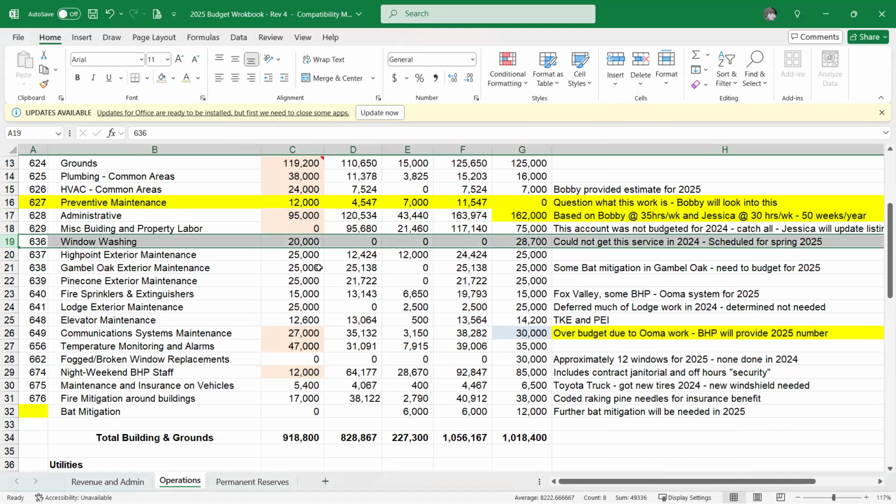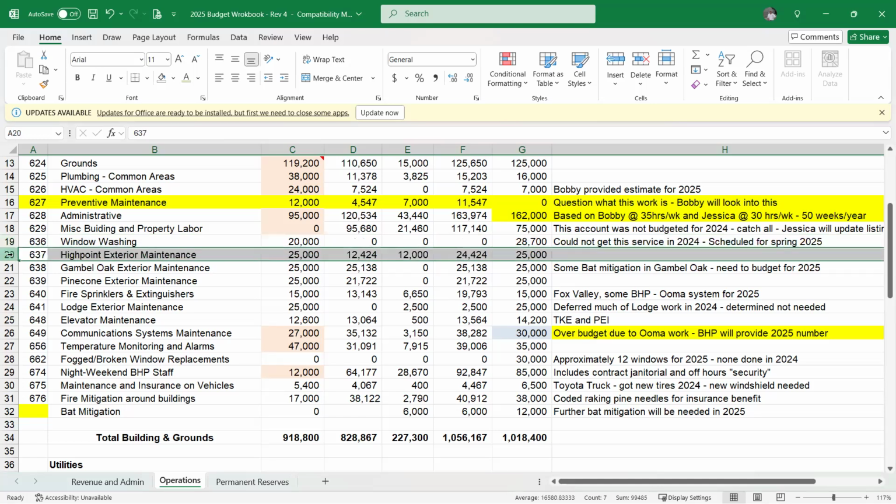We didn't do it this year. It's scheduled for spring of 2025 and there's the number. Our vendor has committed to getting us that service. Our vendor couldn't service us last year, so they've committed, right, Bobby? Yep. Good work, guys. Thank you. We're on their schedule for next year. That's awesome.